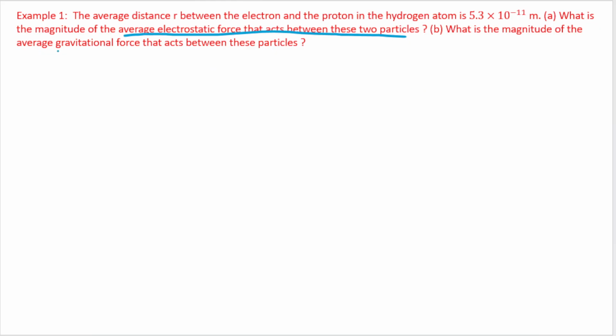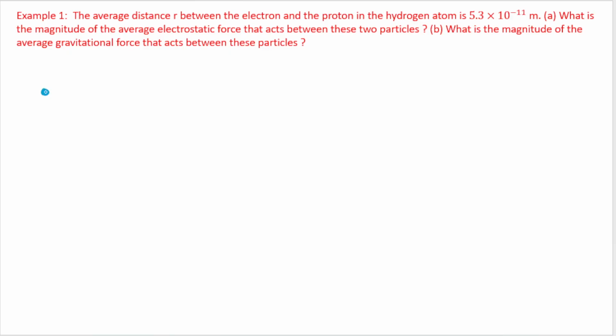And we are also asked to calculate the average gravitational force that exists between the two particles. So let's draw the hydrogen atom.